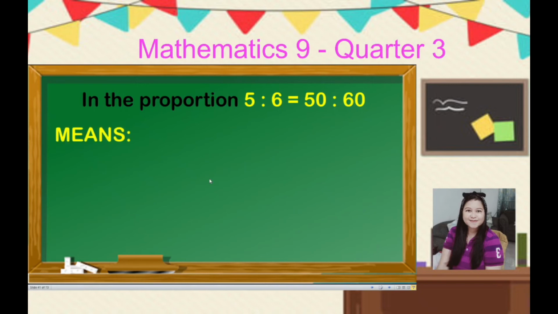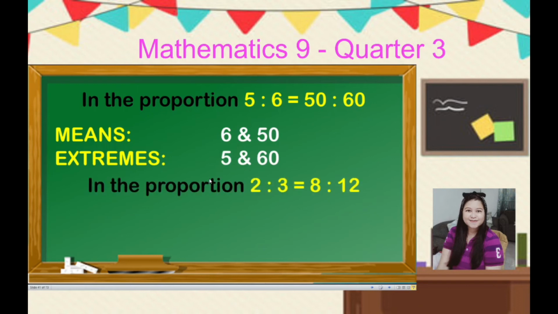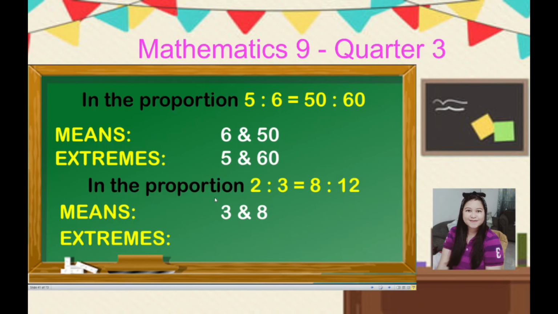So ang means natin ay 6 and 50, and the extremes are 5 and 60. Another example, in the proportion 2 is to 3 as 8 is to 12, alin ang means natin? So that is 3 and 8, and our extremes are 2 and 12. Okay? So, means natin yung malapit sa equal sign, at yung extremes natin ay yung nasa magkabilang dulo.